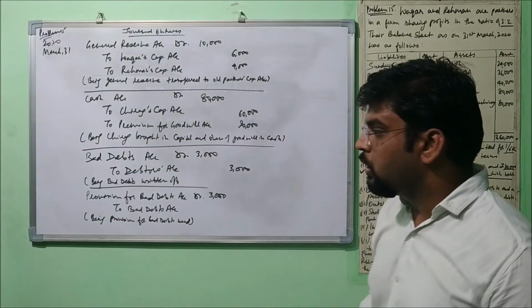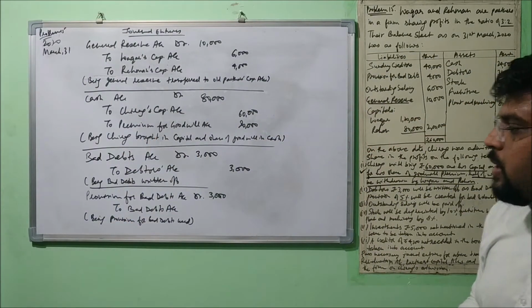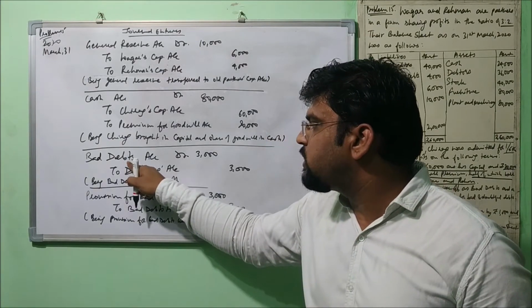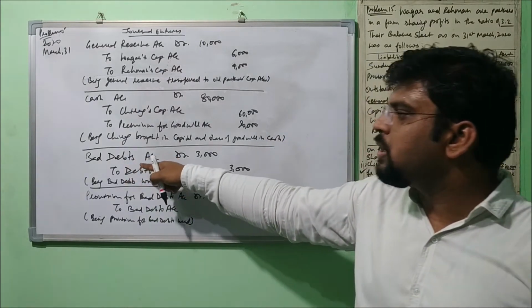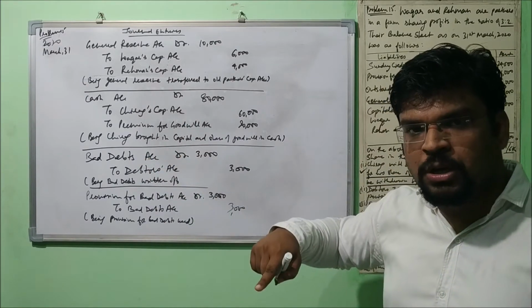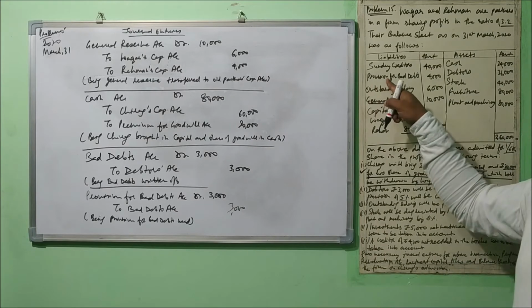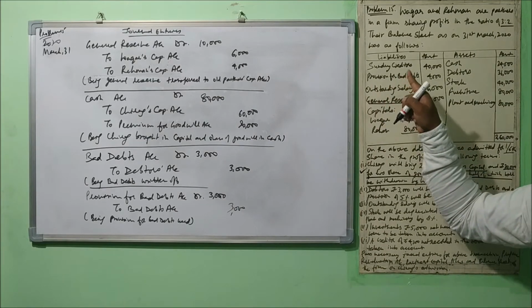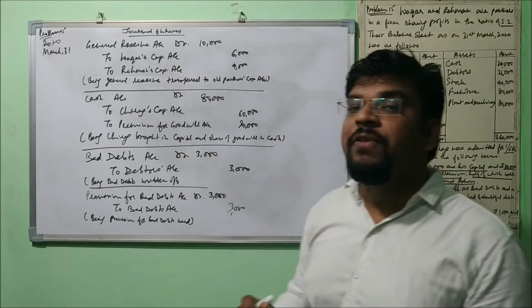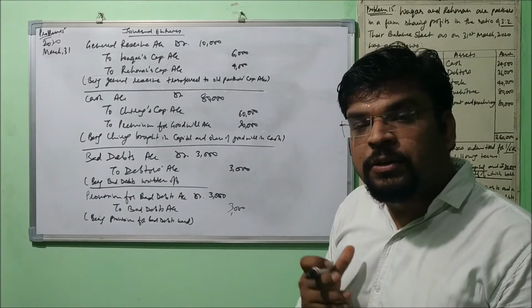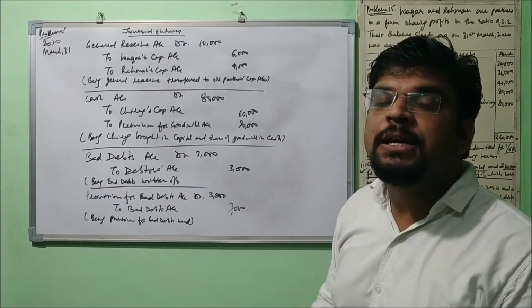How? I tell you. Have a look here. Provision for bad debts account debit to bad debts account. See, this bad debts account is a temporary account because for this loss we have already made a provision, and this provision is working there. Like I told you, this provision works as a liability. So liability is credited when it is created, but whenever the liability is finished, then it is debited.